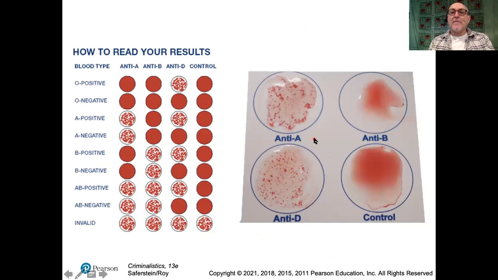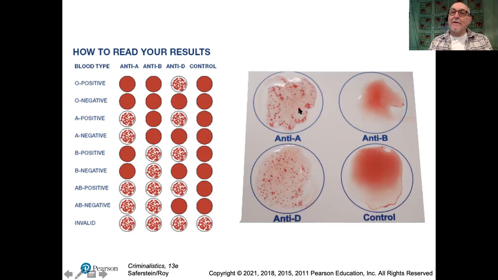In this case, what we're testing is A blood. Have a look and you'll see here we put a drop of blood and we add anti-A antibody. And as we've explained before, we get a coagulation. Why? Because the red blood corpuscles have A antigen on them. Add anti-B, nothing happens. Why? Because the blood corpuscles have no B antigen.